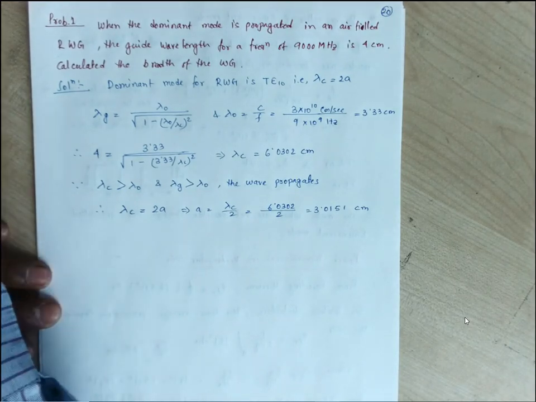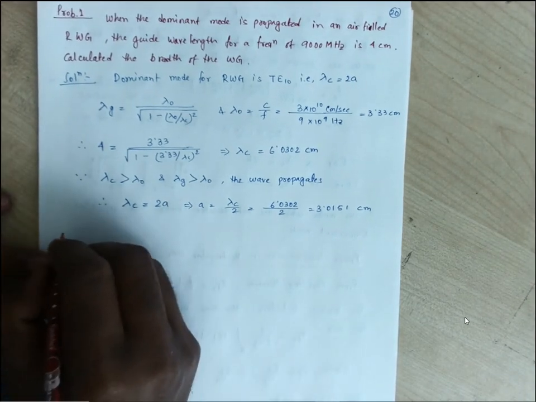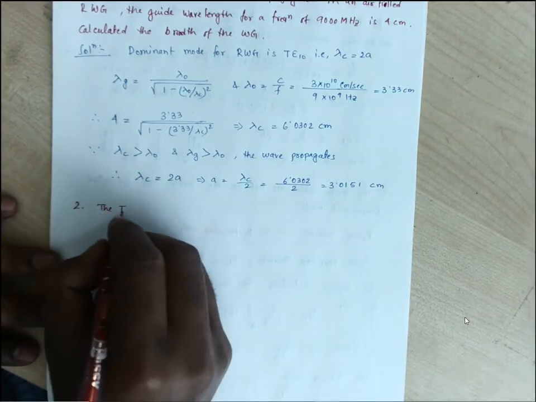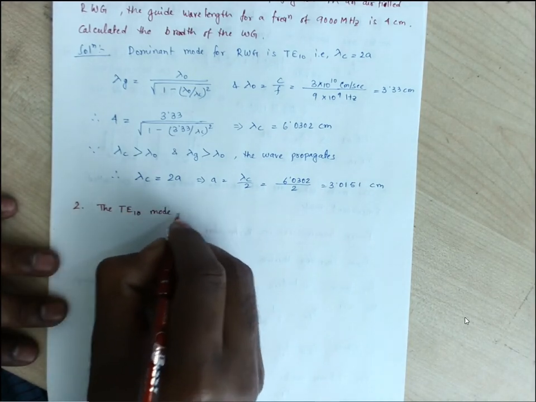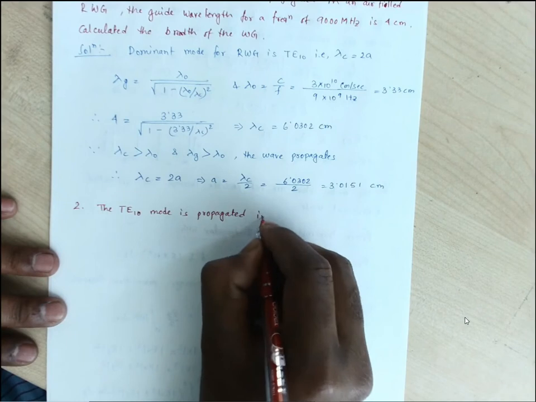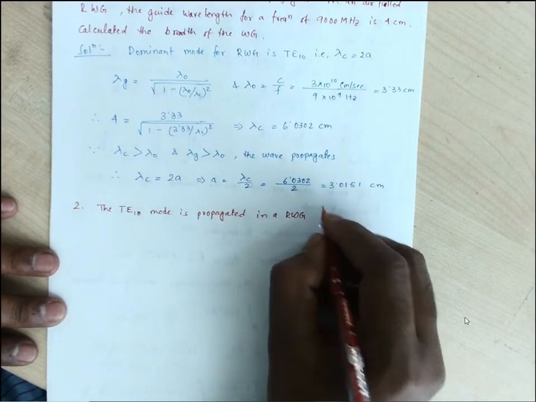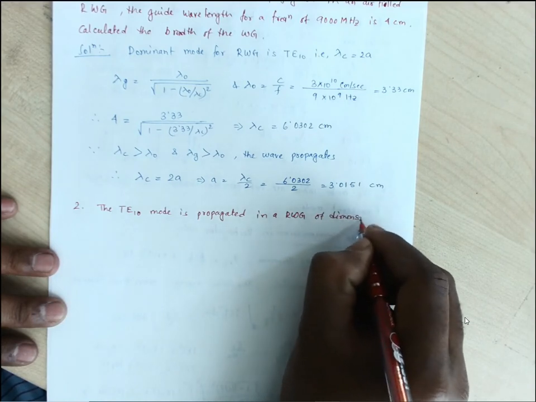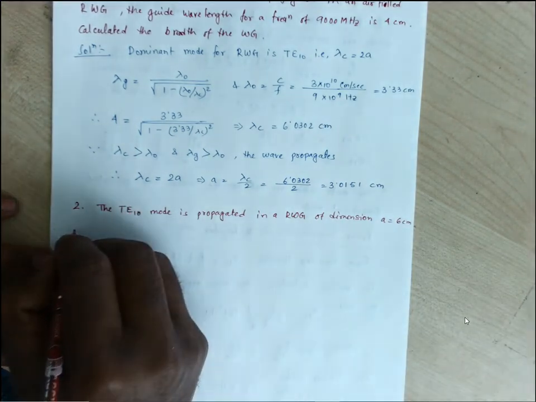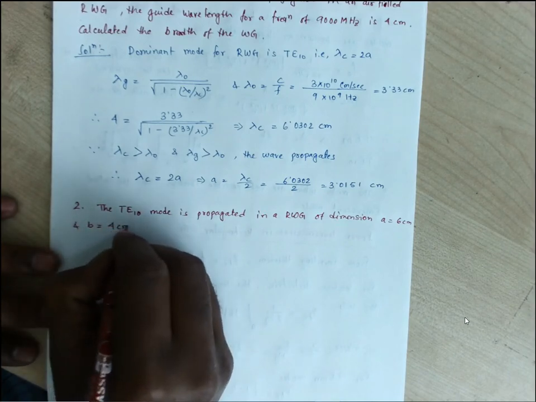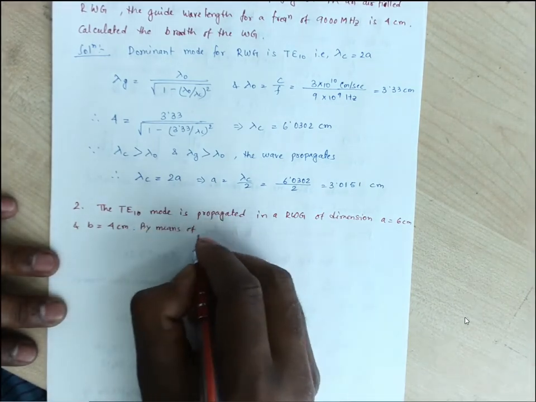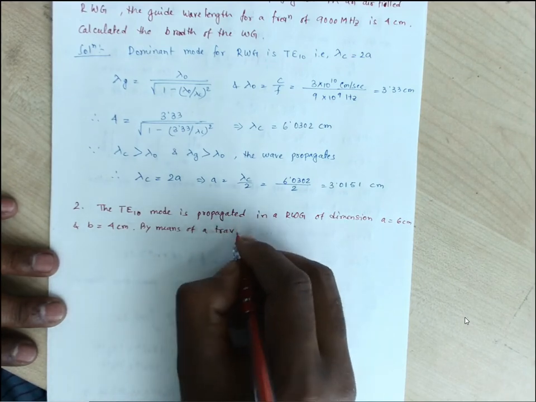Okay, so let us proceed for second problem. The TE10 mode is propagated in a rectangular waveguide of dimension A is equals to 6 centimeter and B is equals to 4 centimeter by means of a travelling wave detector.